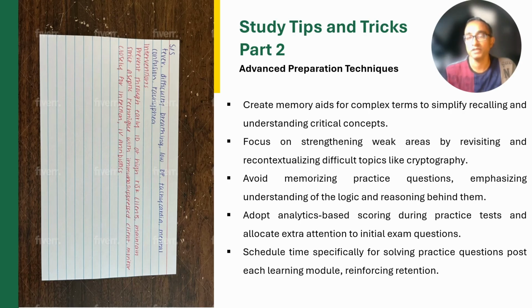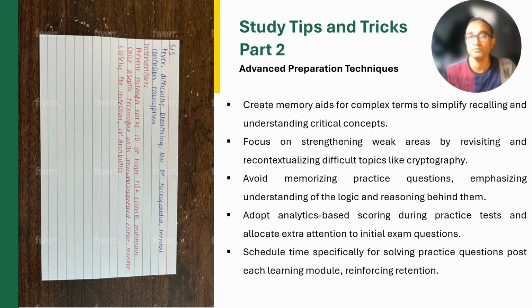What helps in strategizing this exam is to create memory maps, which will help you to connect the dots because there is a lot of content that you have to go through. Focus on strengthening your weak areas. It could be a case that one of the areas is very easy for you, but the rest are not. So balance it out. Again, avoid memorizing questions.